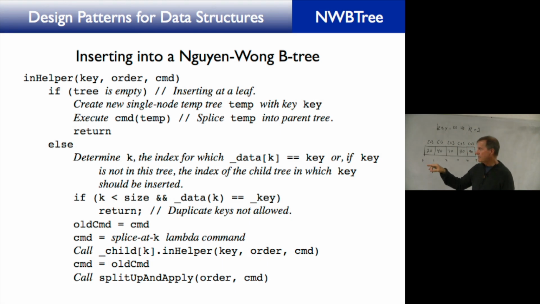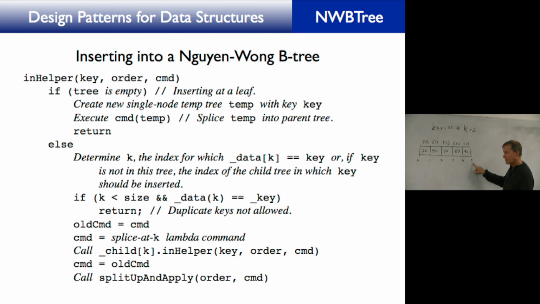And now look, if k is less than size, now what is the size of this? What is the value of size with this node right here? 5. So if k is less than size, and data sub k equals key, so, like if instead of this being 50, suppose this were 80, then k would be 3, but this 80 would equal this 80.